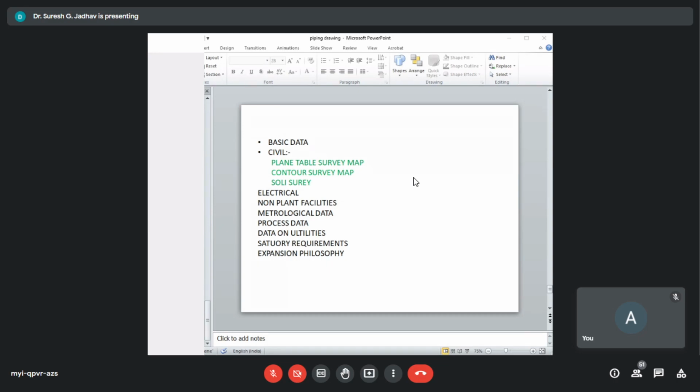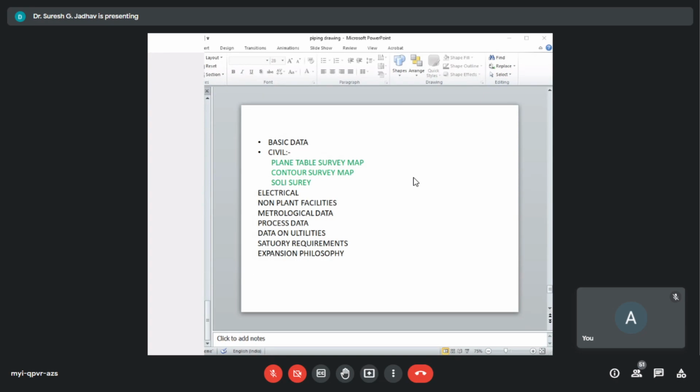developing the plot plans. Now, next philosophy is the expansion philosophy. In expansion philosophy, expansion within the unit and additional units should be considered while developing a plot plan.